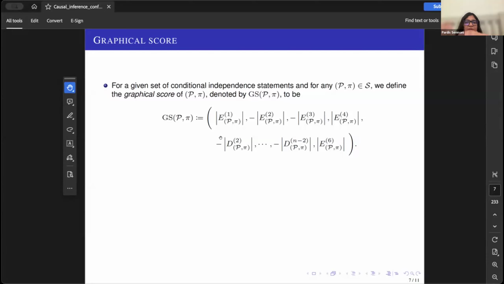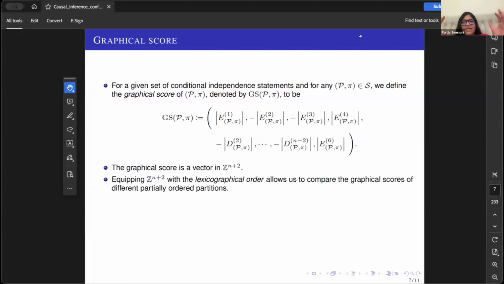So as you can predict, when we have a bunch of conditional independence statements satisfied by the distribution, for any partially ordered partition P, pi, we define the graphical score of P, pi to be an integer vector of length n plus 2. Each component of this vector is either the size of one of these sets or minus the size of one of these sets, depending on whether you want to maximize or minimize the size of such sets.